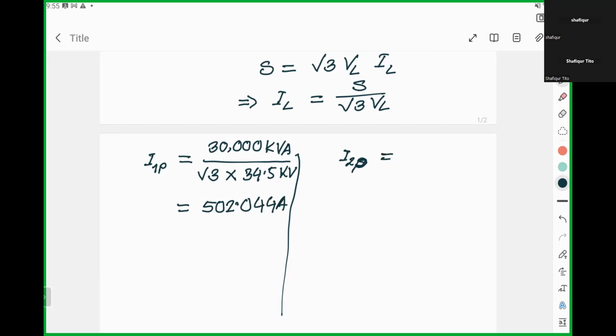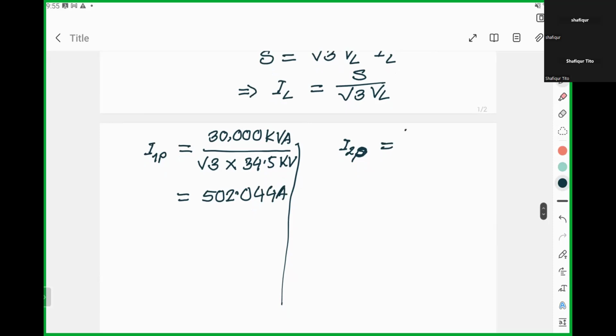Similarly, I can calculate here 30,000 divided by root 3 times 138 kV. And this is kVA, and that will give us 125.51 ampere.